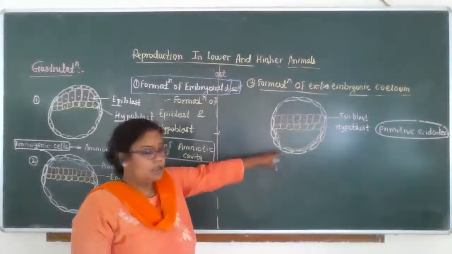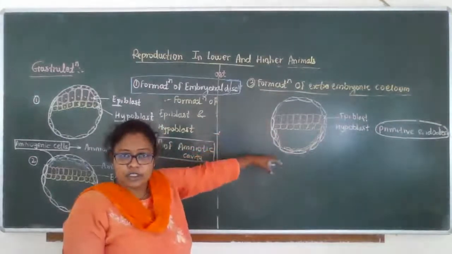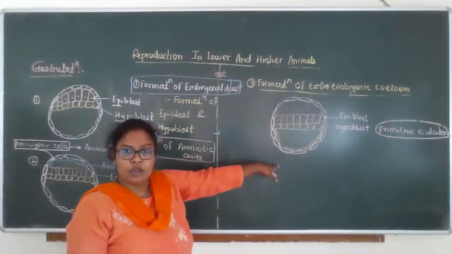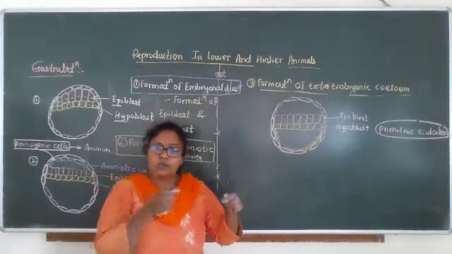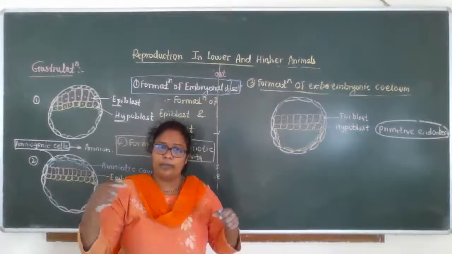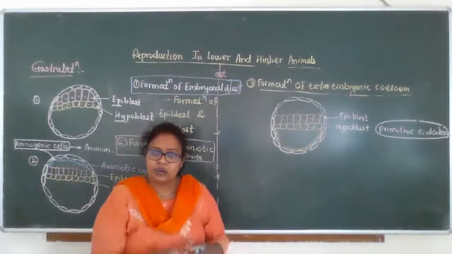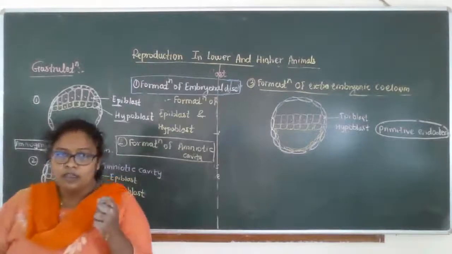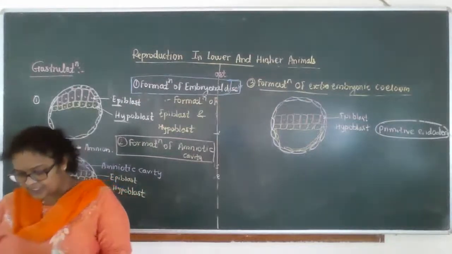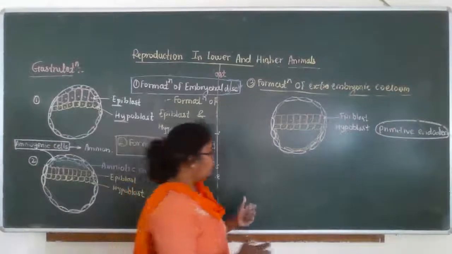This is the embryonal knob site, and opposite to it is the abembryonal site. They surround the inner lining of the trophoblast, forming a layer called the extra-embryonal endodermal cells.